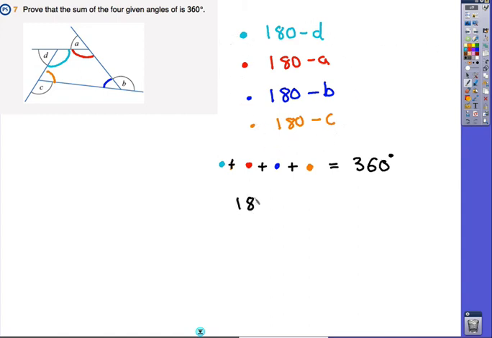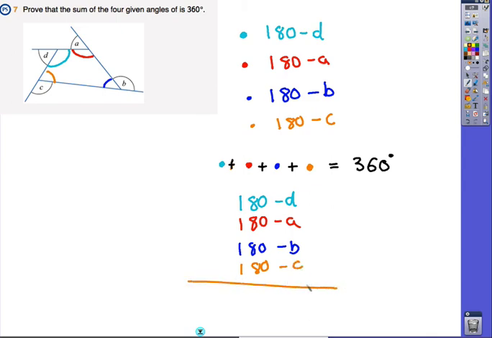So 180 minus D plus the 180 minus A plus the 180 minus B and plus the 180 minus C. If we sum them up, that should give us 360. So let's start doing that.